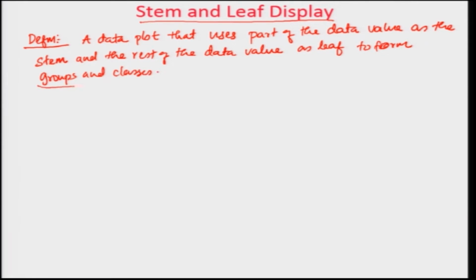So, you are still doing grouping using classes, but you use a part of the data value as the stem and the rest of the data value as a leaf. That is why it is called stem and leaf.